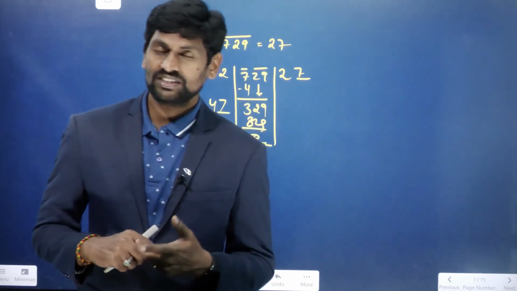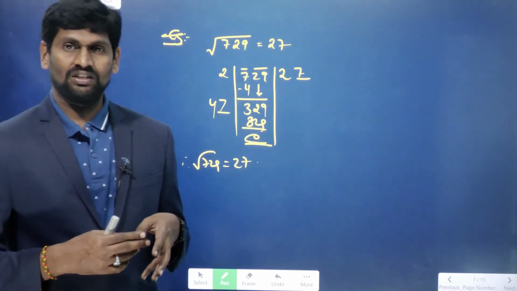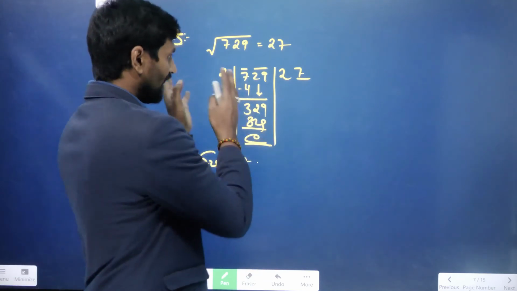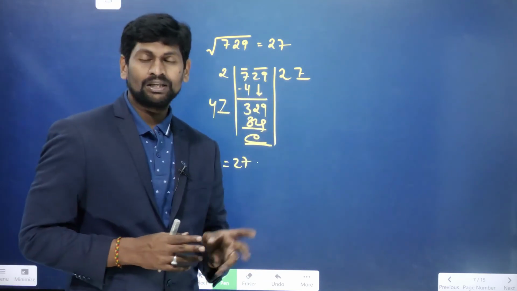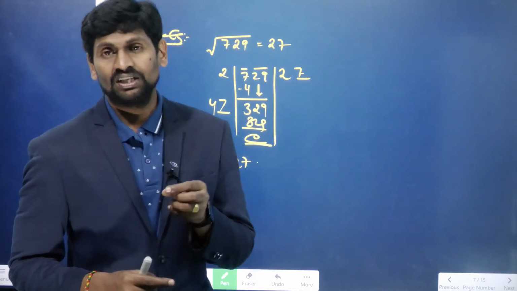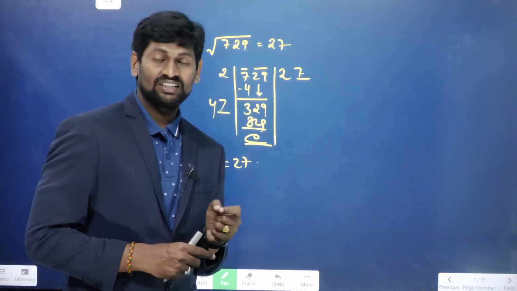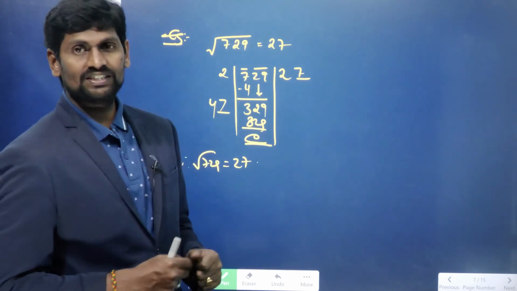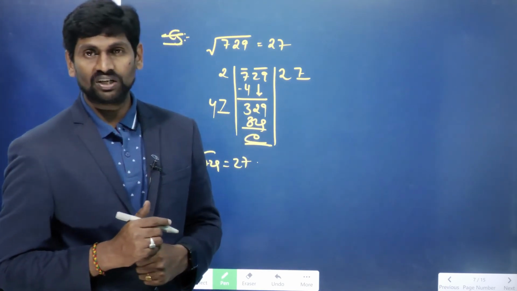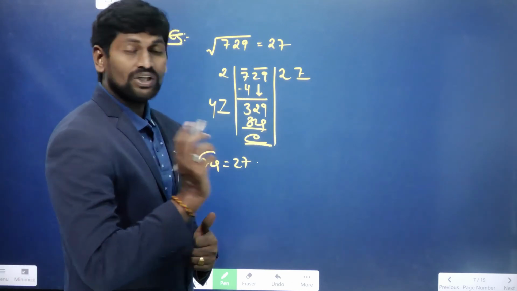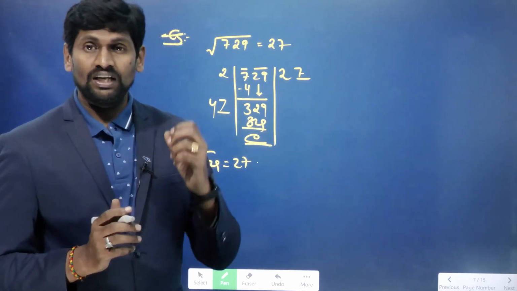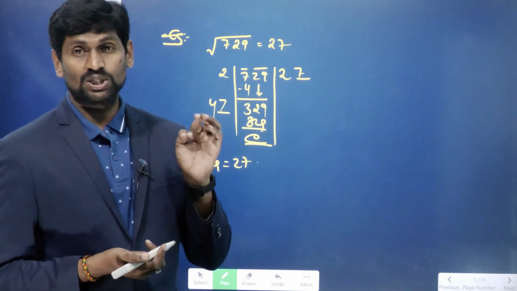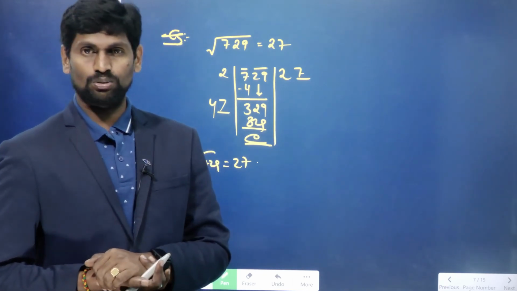Then we discussed the properties. If you take a rational number and an irrational number and apply an arithmetic operation between them, the answer is obviously irrational. Next, the sum of any two irrational numbers need not be irrational. The product of two irrational numbers need not be irrational. Sometimes there is a chance of it becoming a rational number also.